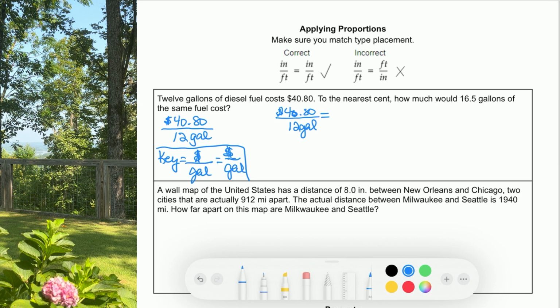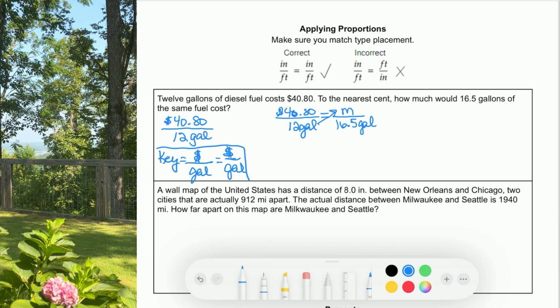And remember, we have to follow that pattern. So on the other side, I don't know the money amount. So I'm going to use M for money. And then we have our gallons in the bottom. That's the pattern. So I'm going to have 16.5 gallons down here.